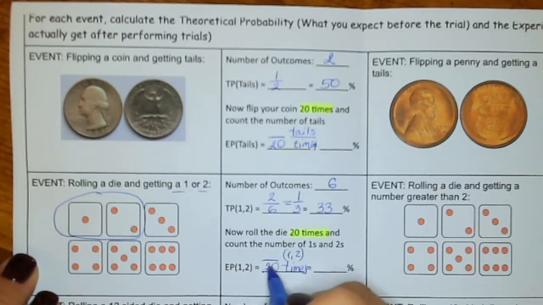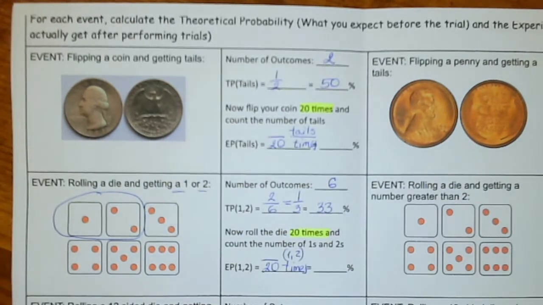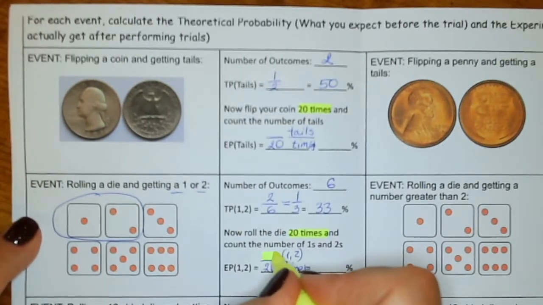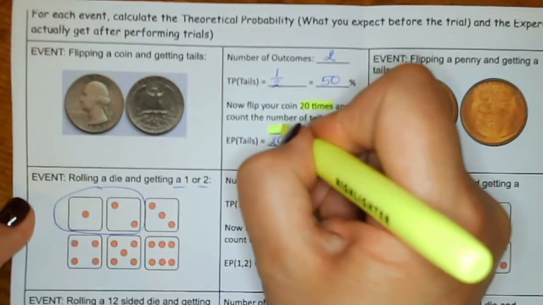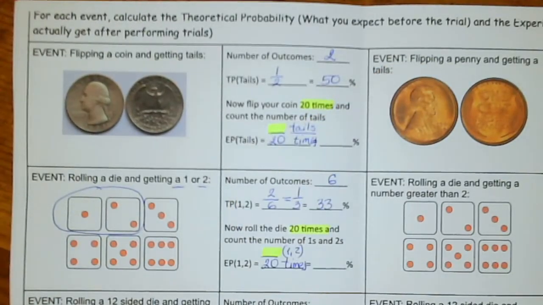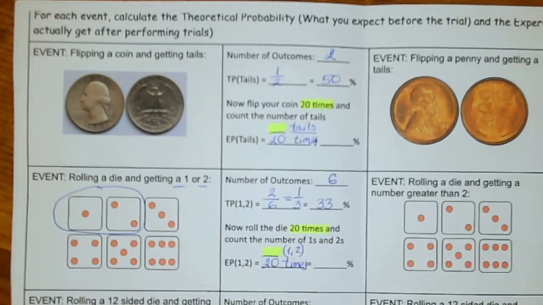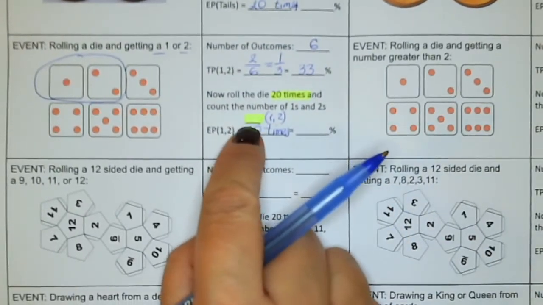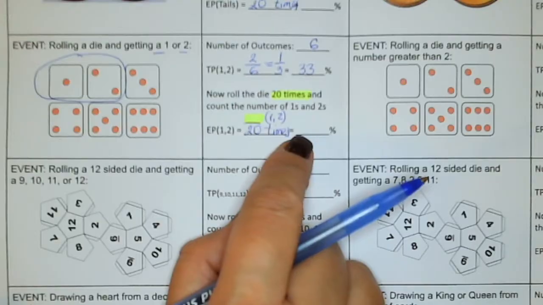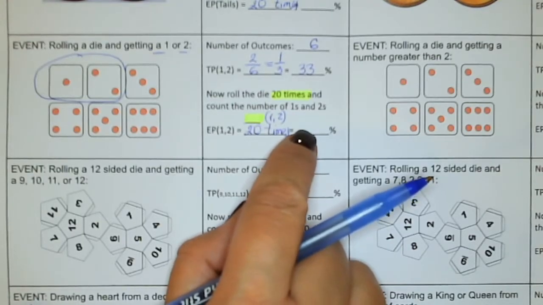So your number will be here, how many times you get the 1 or the 2. And then we'll change that to percent. So the experiment will be done individually and the number of percent will be different, and then we'll compare.